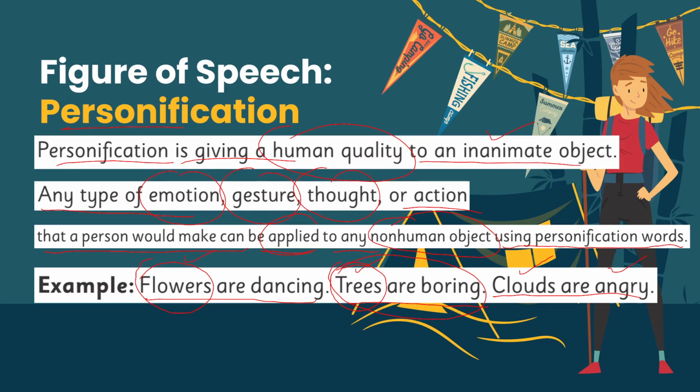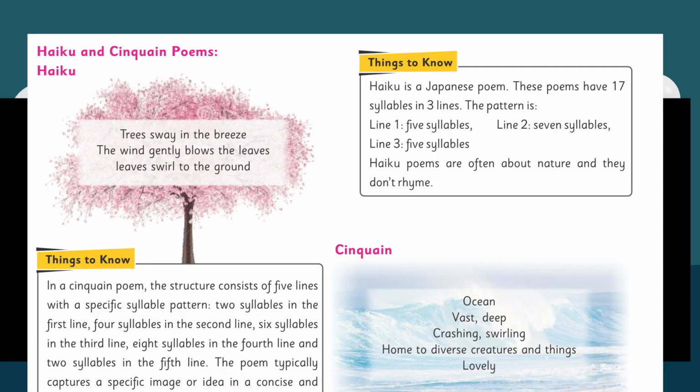The pattern is: line number 1 will have 5 syllables, line 2 will have 7 syllables, line 3 will have 5 syllables. Haiku poems are often about nature and they don't rhyme.